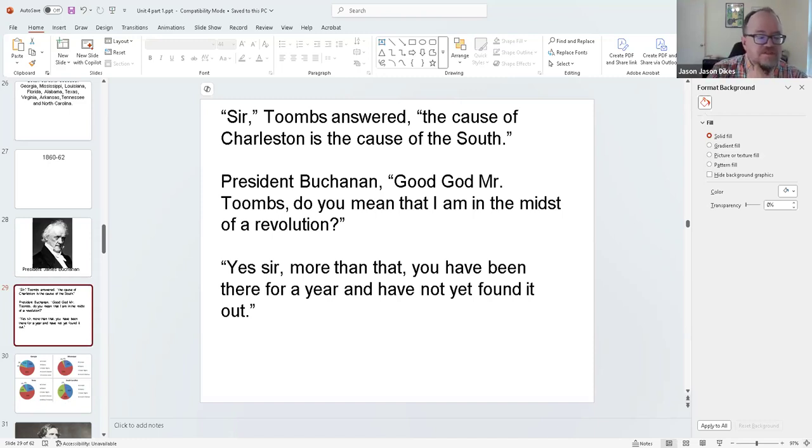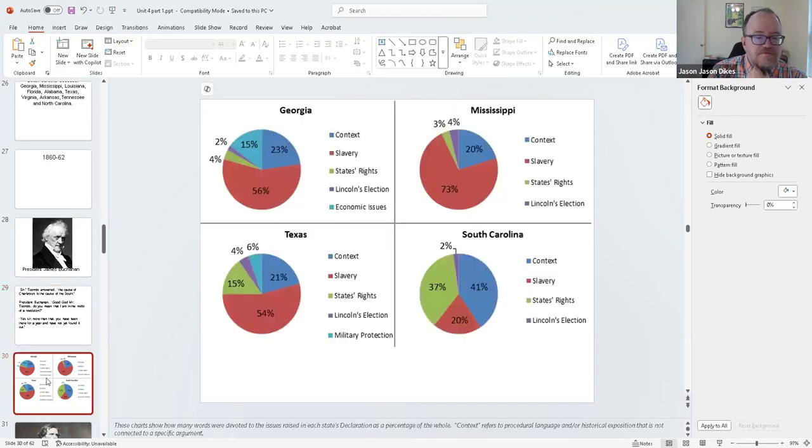Only 4 of the states that seceded ever gave any justification why. And if you analyze the language, you can kind of see here how that breaks down. Texas is one of them. This military protection in Texas, it's mainly because of the Comanche.